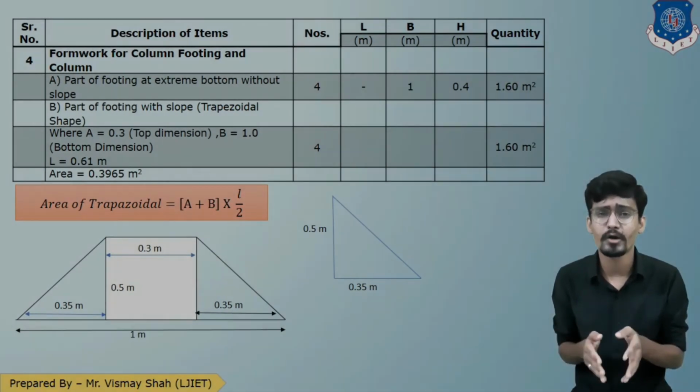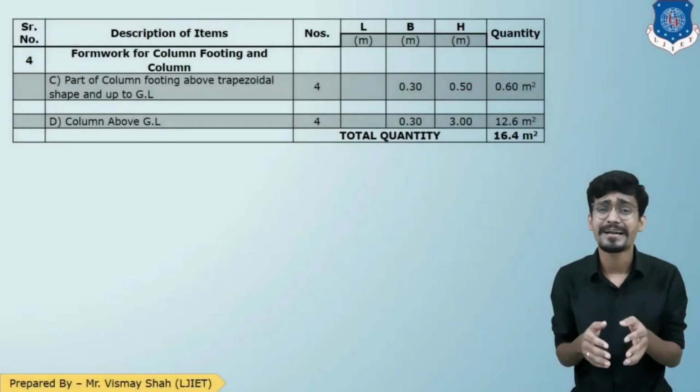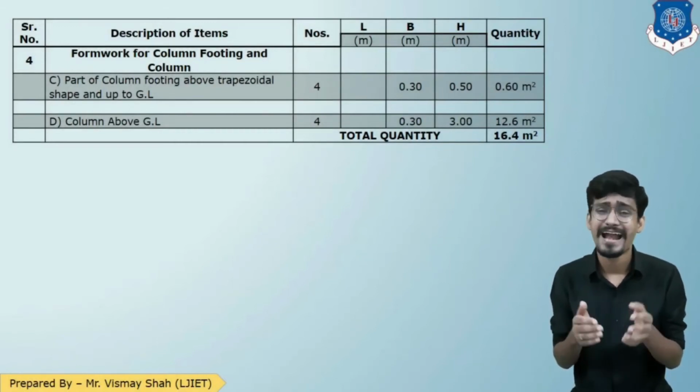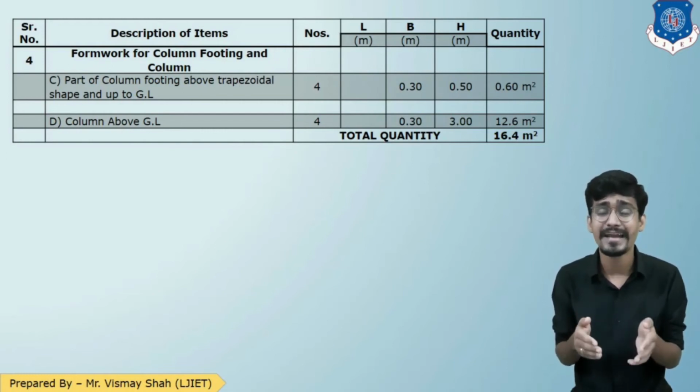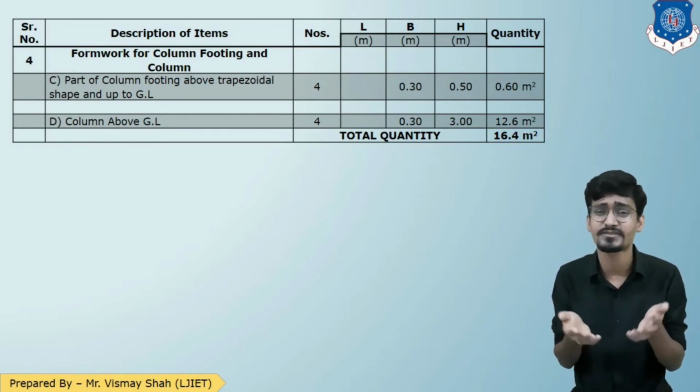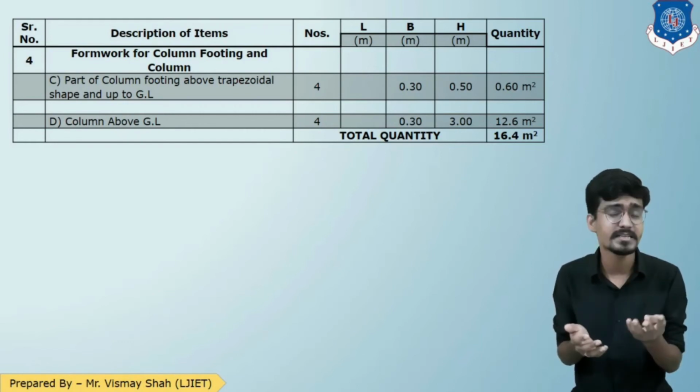Now, moving forward, the next part is the part of the footing above trapezoidal up to ground level. At that point, the column is 0.3 cross 0.3, and in height it is 0.5. So width and height will be the component for the formwork, as formwork is the meter square quantity. Numbers are always 4.